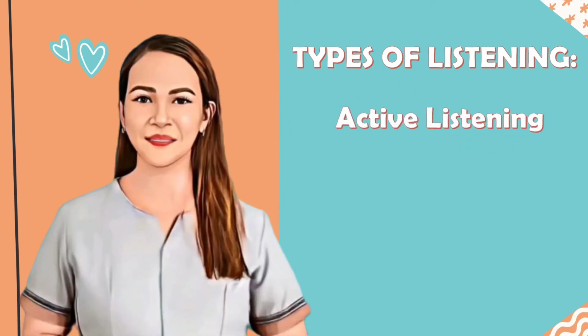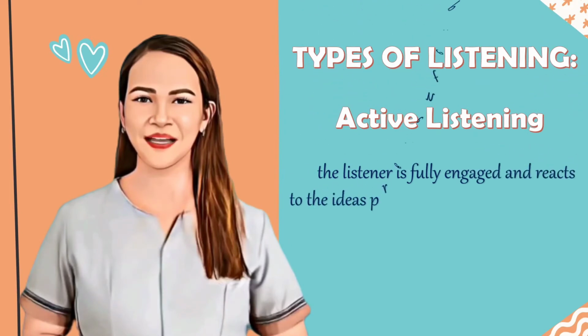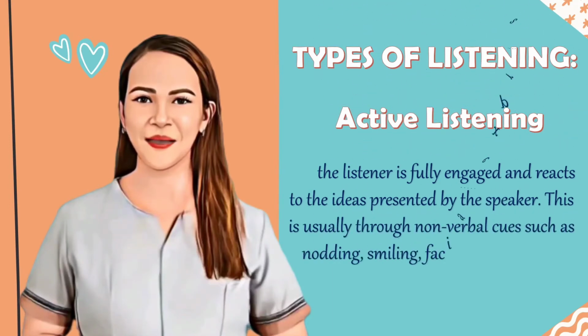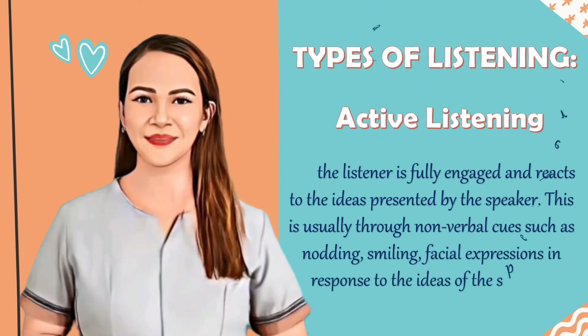Active listening. This is where the listener is fully engaged and reacts to the ideas presented by the speaker. This is usually through nonverbal cues such as nodding, smiling, facial expressions in response to the ideas of the speaker, making eye contact, and so on.